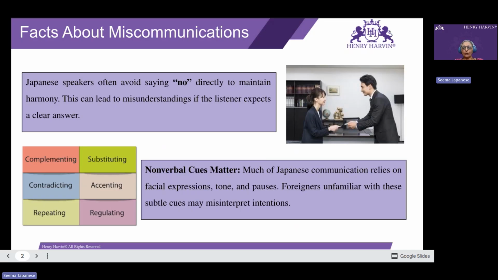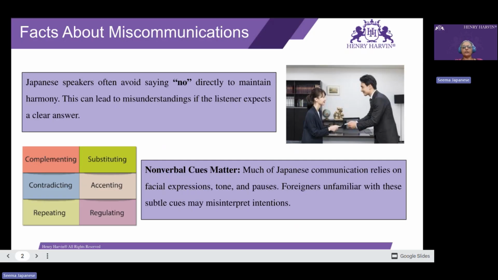And then there are other aspects also, like it's mentioned, non-verbal cues matter, obviously. Speaking everything is not a language. Non-verbal communication also plays a vital role in communication, no matter what kind of communication we are making. Whether we are complementing, contradicting, repeating, substituting, accenting or regulating something, non-verbal cues matter. Much of Japanese communication relies on facial expressions, tone, and pauses.